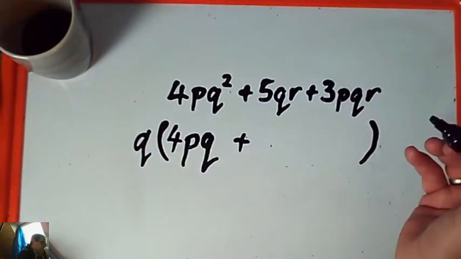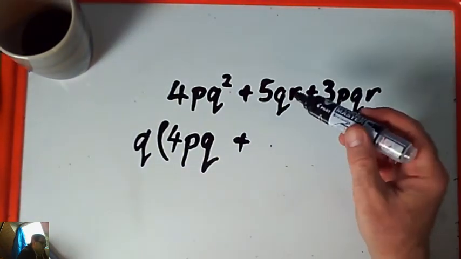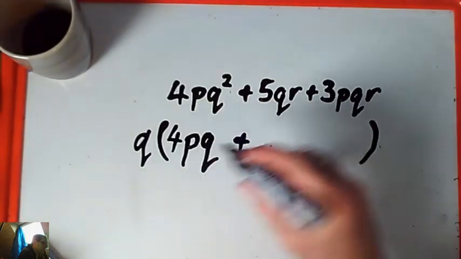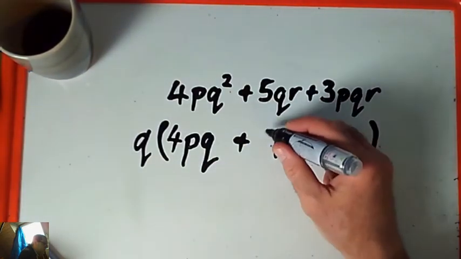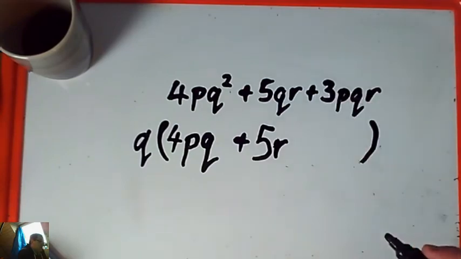Next bit. So q times what inside the brackets will give me 5qr. Well, q times r will give me the qr bit, but q times 5r will give me 5qr.